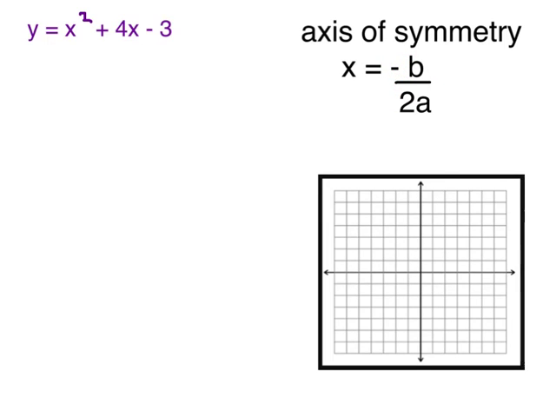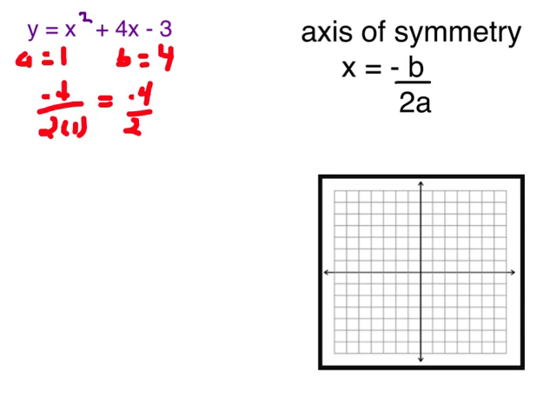So let's look at our equation right here. The A coefficient is 1. The B coefficient is 4. So the formula says minus b all over 2 times a, which is 1. 2 times 1 is 2, and the number on top is -4. -4 divided by 2 is -2.